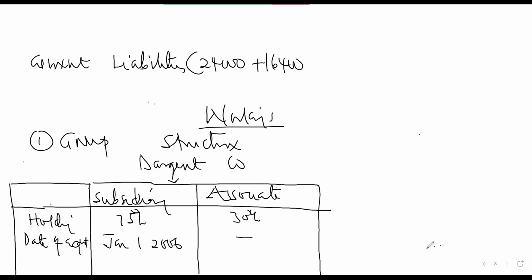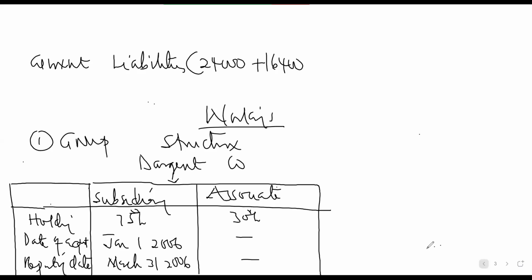We don't know. Let's look at the reporting date. The reporting date is 31 March, isn't it? March 31, 2006. This one too, we don't know, so we move on with the dash. Then you now come to what we call the post-acquisition period for the subsidiary.